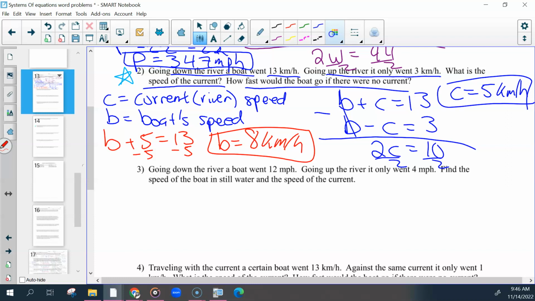So that works. Also, my boat speed is bigger than my current speed, which should happen. Do we have any questions on that one?